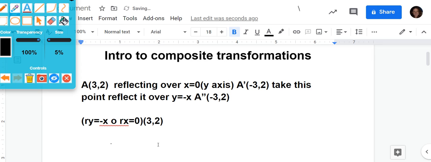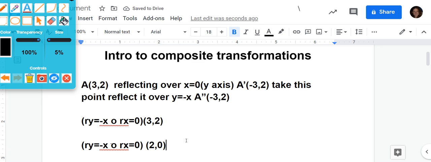We could do the same thing with another point. If we're doing a reflection of y equals negative x, with that little circle as an of, and little r subscript x equals 0, and we wanted to do this with a different point, such as, I don't know, 2, 0. Let's say that. What would happen to it?